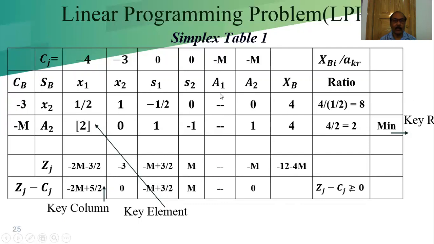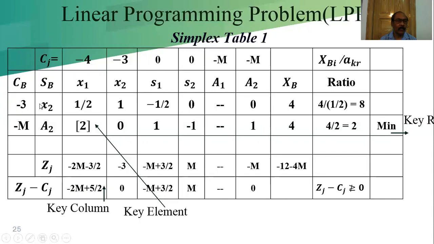We can drop it. Now again we are calculating Zj, and from that we calculate Zj minus Cj. Here we can see that all Zj minus Cj are not greater than or equal to 0.